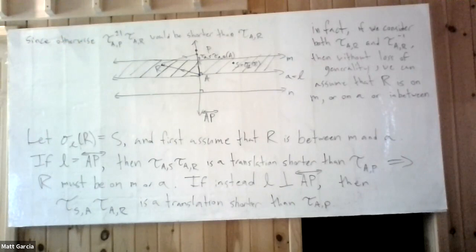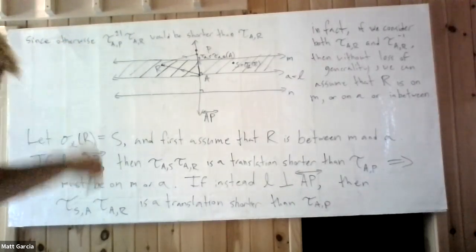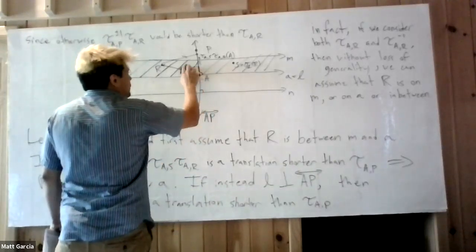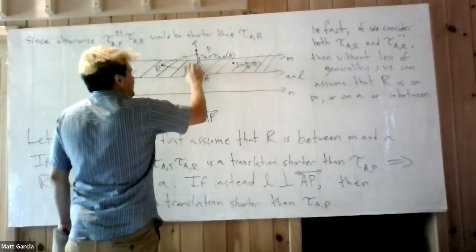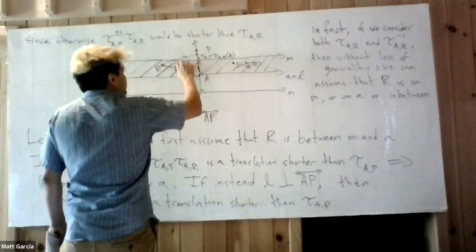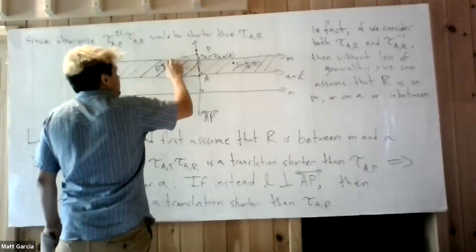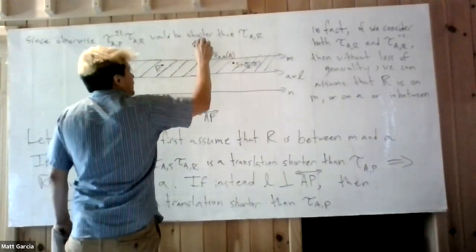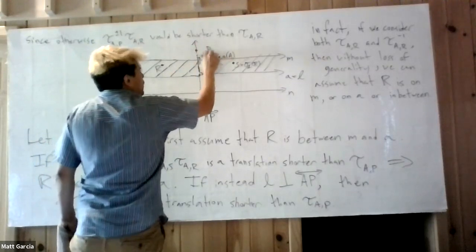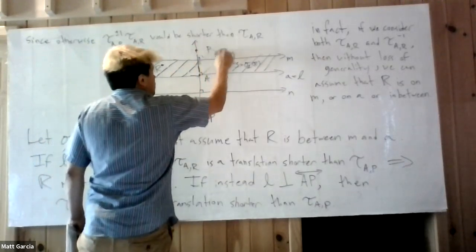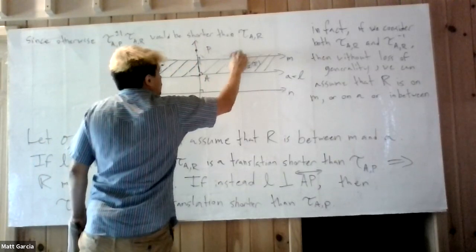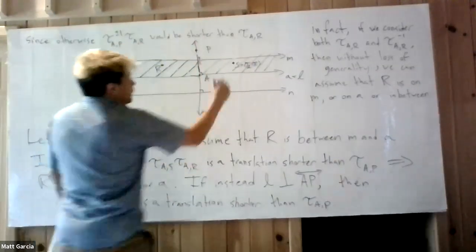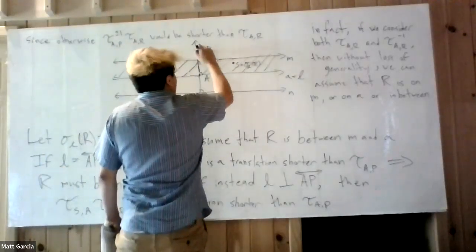So, right. If I now assume, instead of saying that L is equal to the line through A and P, I assume that it is perpendicular, then what happens?